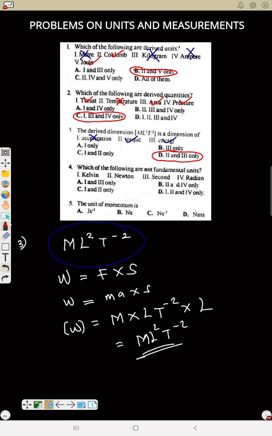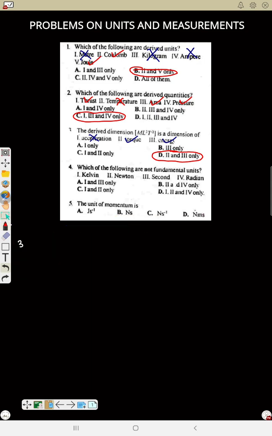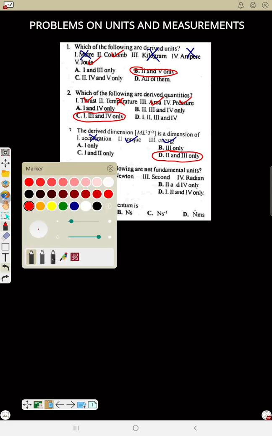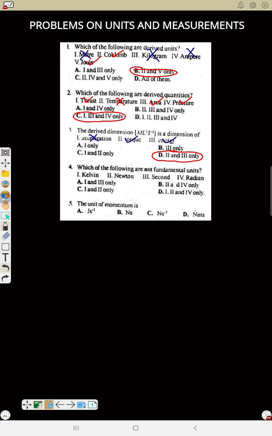Then let's say number 4. Which of the following are not fundamental units?